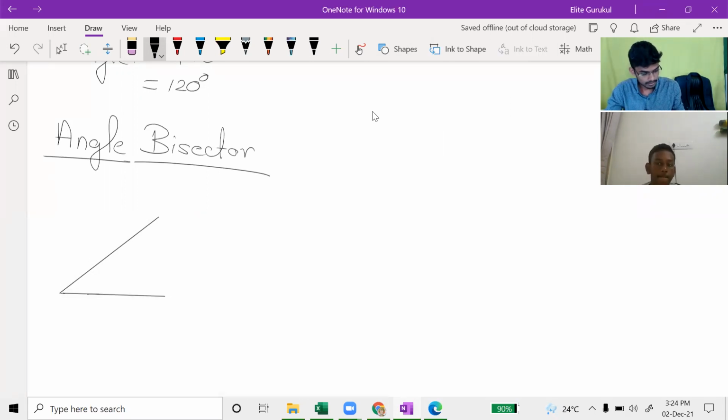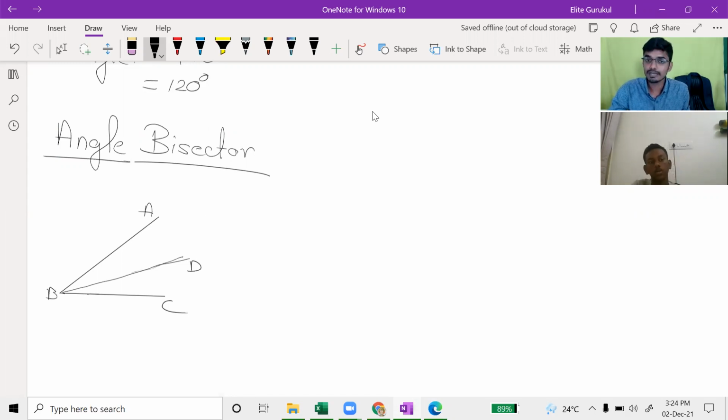If this is an angle, and when there is one line drawn from this angle, if this is A, B, and C, this is the angle, and this is D over here. So this line segment BD, we call it an angle bisector.